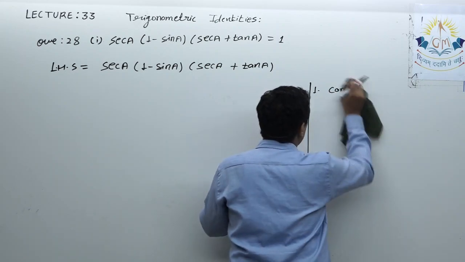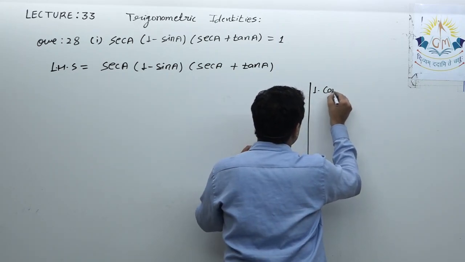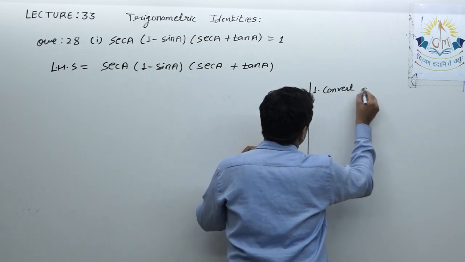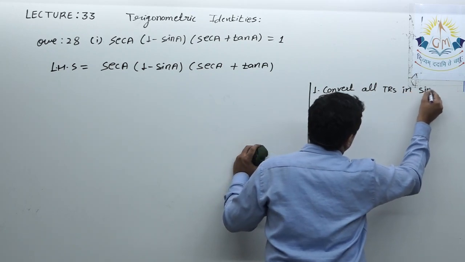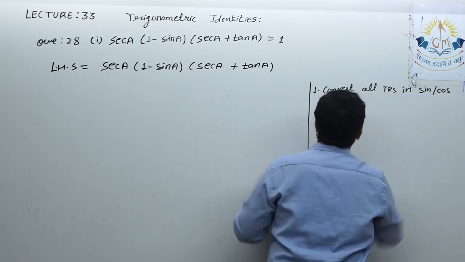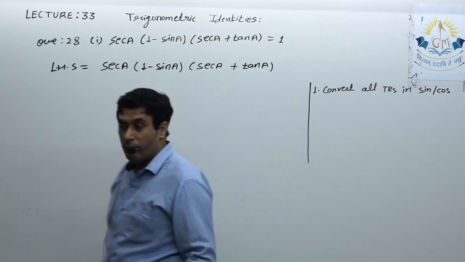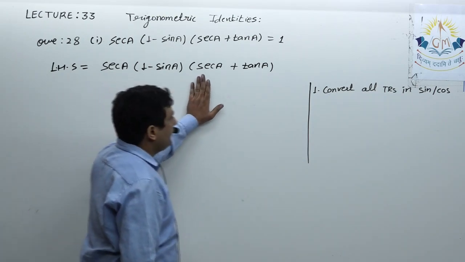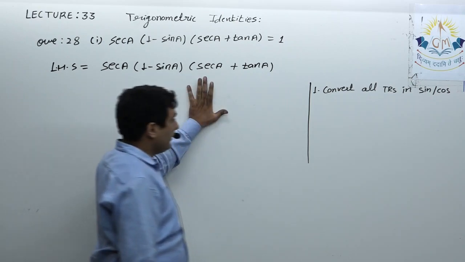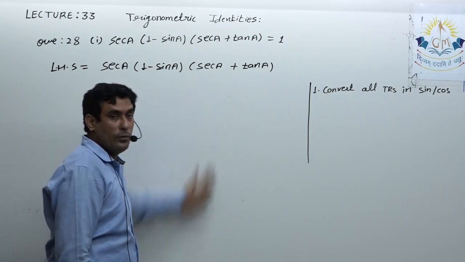Convert all trigonometric ratios in sine or cos. If you find any trigonometric ratio is not in the form of sine or cos, you can start by converting them into sine and cos.